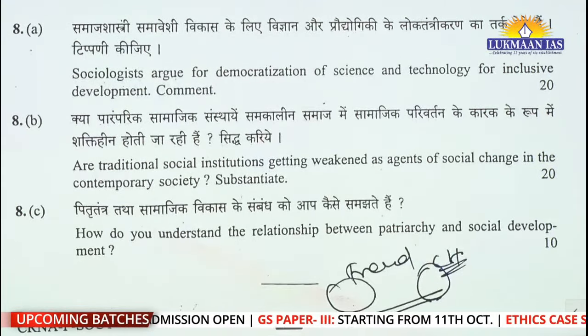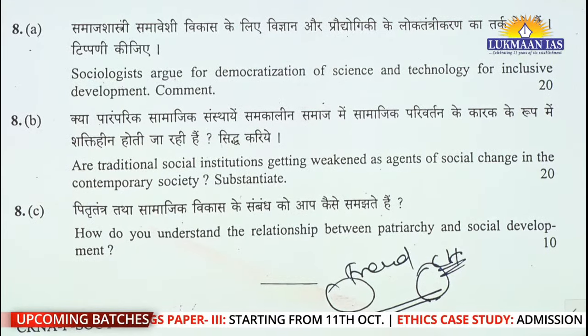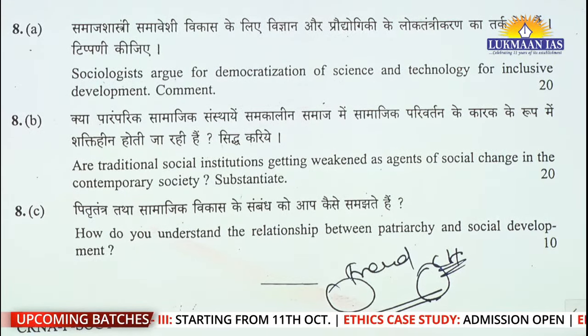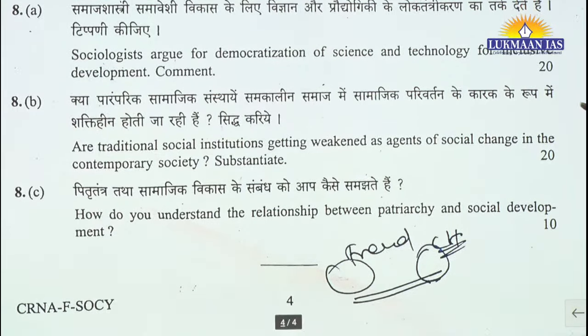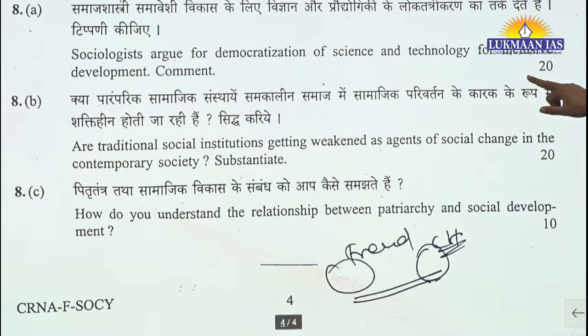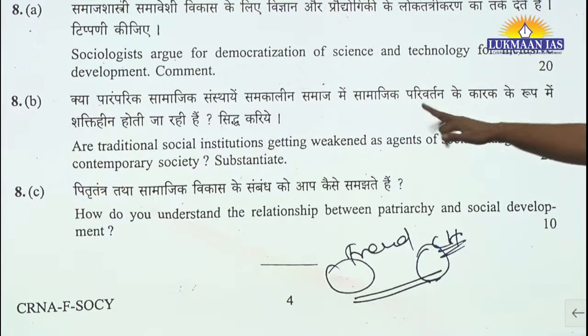Are traditional institutions getting weakened as an agent of social change in contemporary society? A question based on continuity and change, and you see that every question is related with the paper too. Sociologists argue for democratization of science and technology for inclusive development.